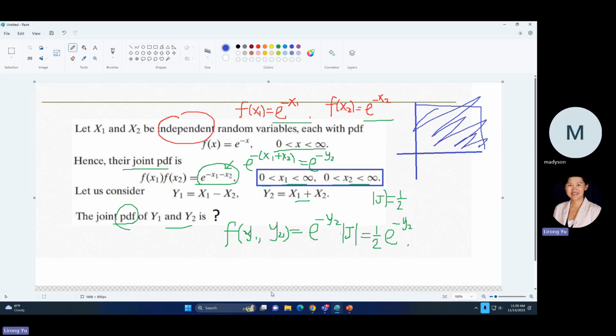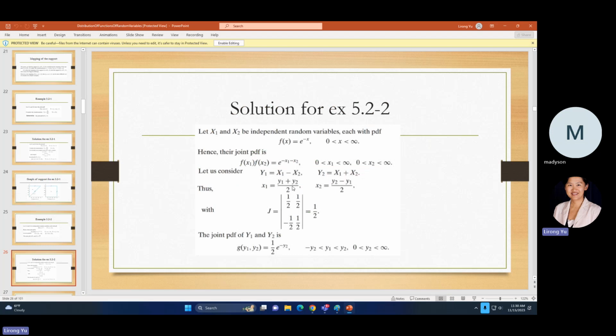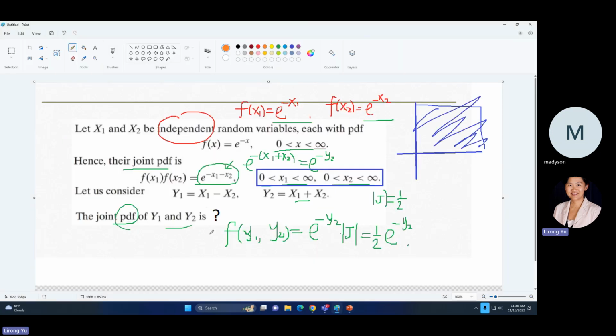Now this time we're going to follow the original domain, and since we mentioned that x1 was equal to y1 plus y2 over 2, 0 is less than y1 plus y2 over 2.